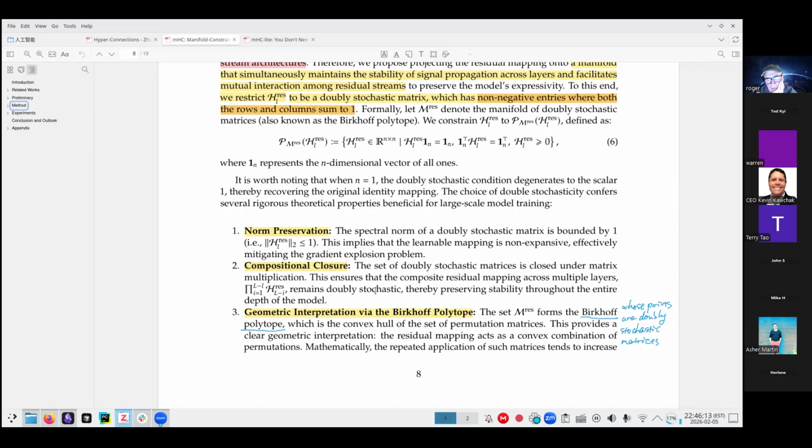So imagine that you just have a two-dimensional residual stream. On residual stream one, I have a vector pointing north, and on residual stream two, I have a vector pointing east.